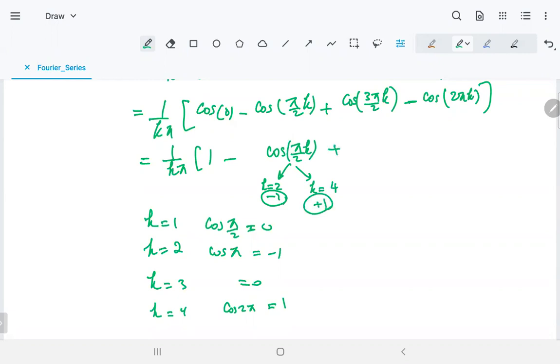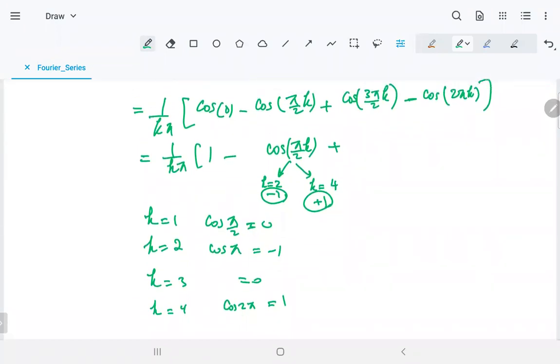Plus, the same issue will happen with this one, cosine 3 pi k over 2. When k equals 1, you get cosine 3 pi over 2. That's 0, once you have 2 on the bottom, because cosine pi over 2 is equal to 0.